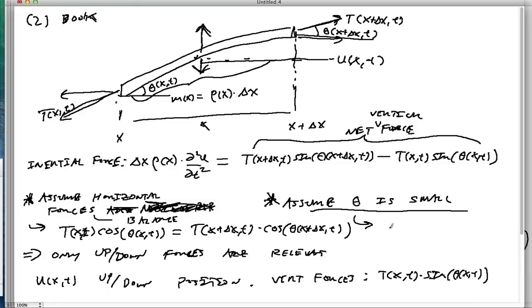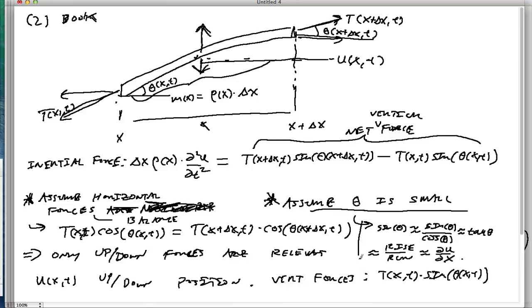That's going to give us the following result: sine theta is approximately equal to sine theta over cosine theta, because cosine is basically 1 for very, very small angles, and that's tangent of theta. And that is rise over run, so that's approximately the partial of u with respect to x.